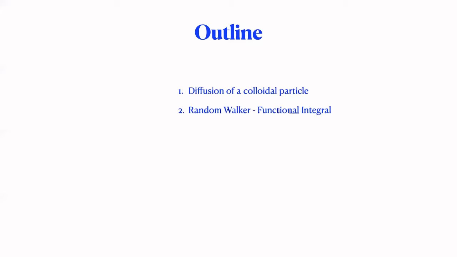So here's an outline of what I'm going to speak. I will remind you of diffusion of a colloidal particle. And in fact, for diffusion of a colloidal particle, there is a very nice approach which is almost the same as the path integral approach. You think of a random walker and you have some object which is referred to as the functional integral. Functional integrals are very well-defined objects mathematically, whereas path integrals themselves, as they occur in quantum mechanics, their mathematical theory is not very well developed.